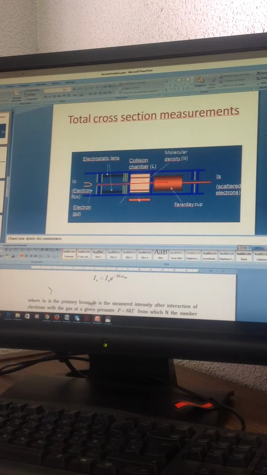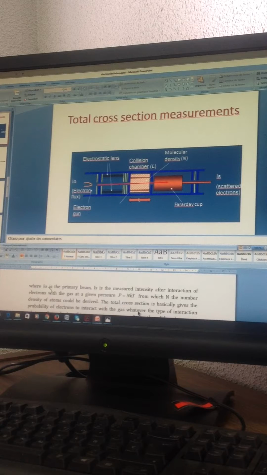So E0 is the primary beam now, which you measured when there was no gas. P is basically from the ideal gas law, and kT, from which n, the number density of atoms, could be derived. So k is the Boltzmann constant, and T is the temperature.